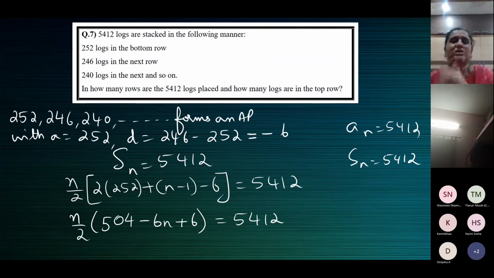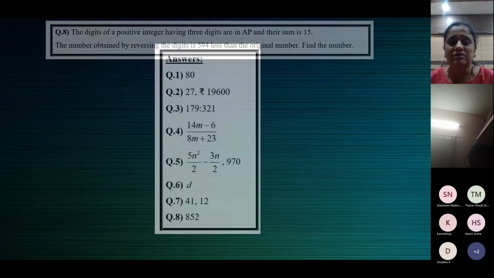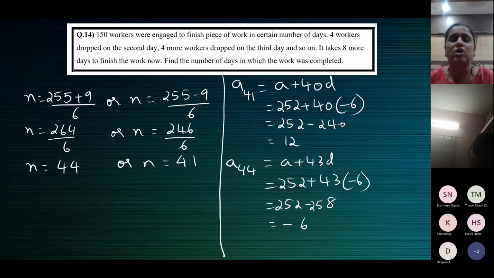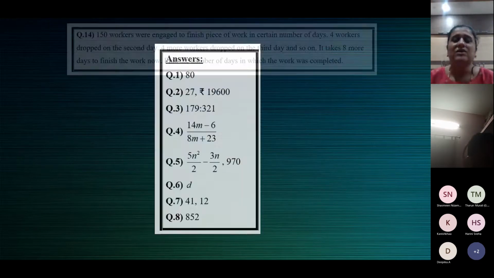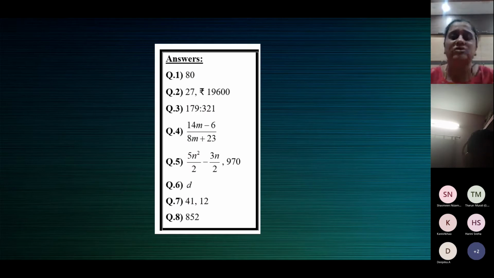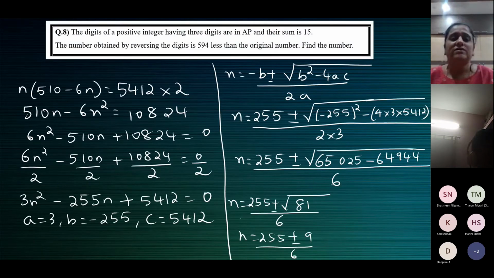Numbers you can keep writing. After 12, there are 12 logs in the 41st row. Logs get exhausted, so you're not arranging beyond that.